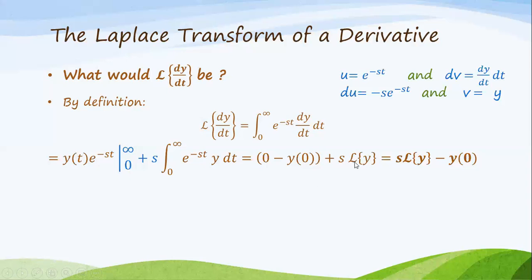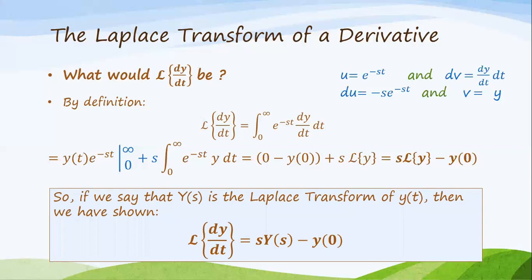And now we have a very, very useful result. What we found is that when you take the Laplace transform of the derivative of a function y, you get s times the Laplace transform of y itself minus the value of the function y evaluated at 0.